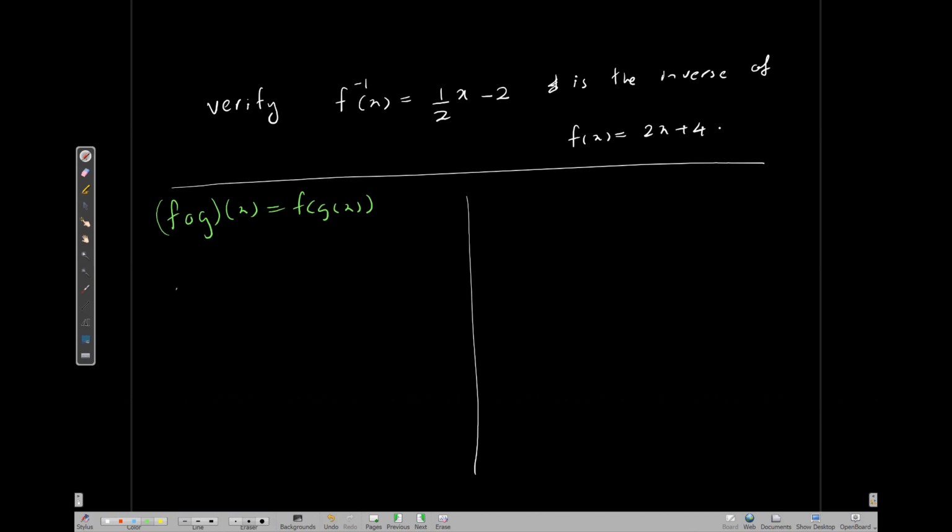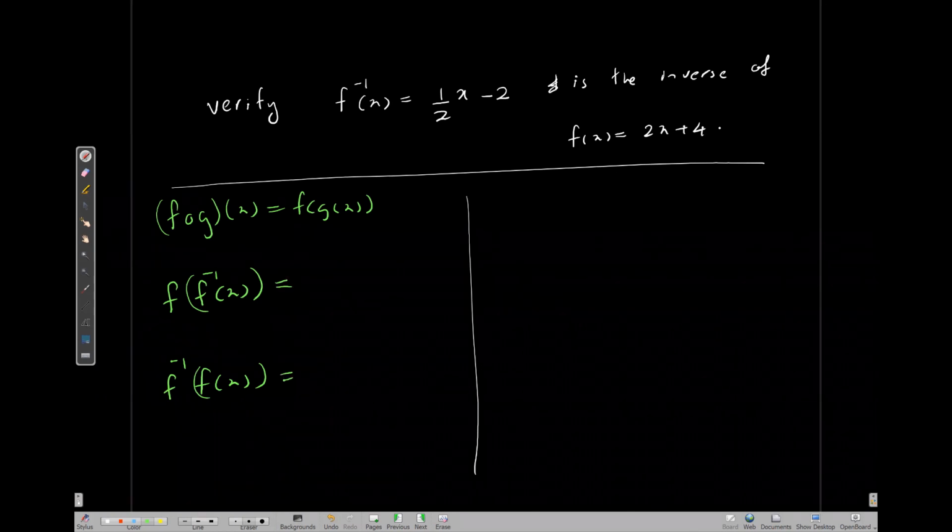Now what do you think will happen if I replace my g by f inverse of x? Or f inverse of f of x? What do you think will happen? Well, using a diagram, it's pretty easy to understand. f will take this guy, x, let's say, to f of x.